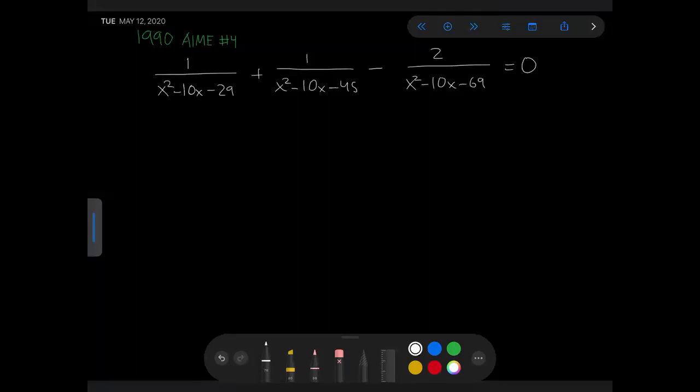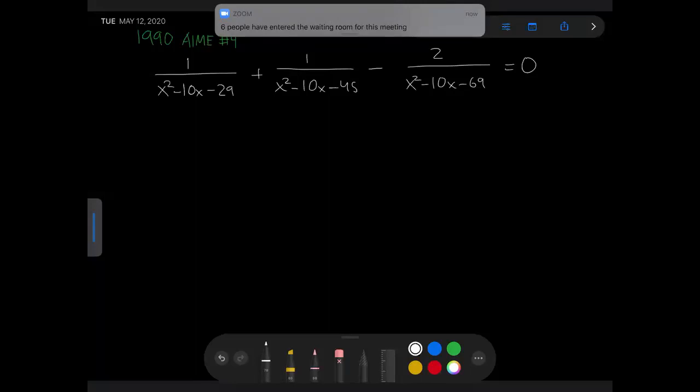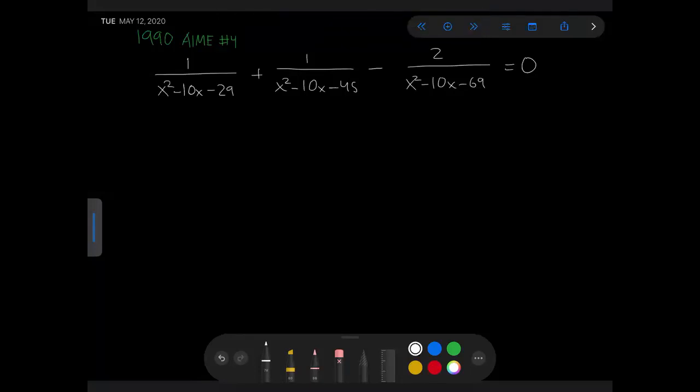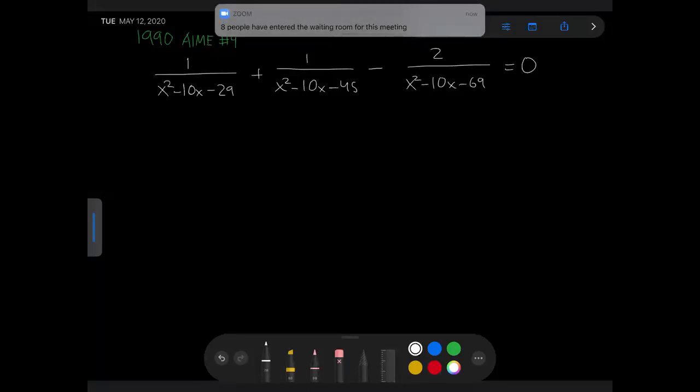I'll give you a minute to think about how to do this problem. All right, I've given you a decent amount of time.